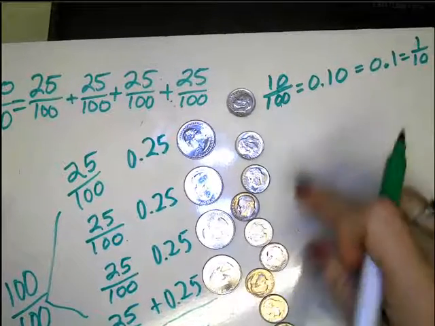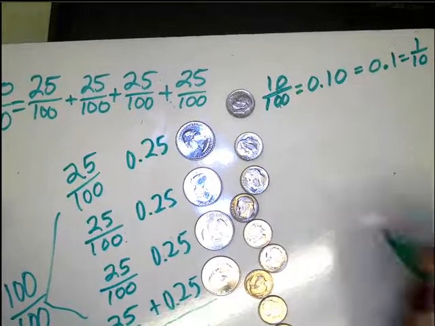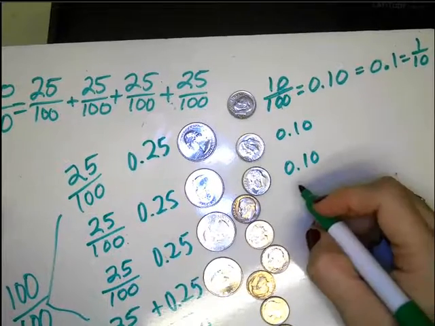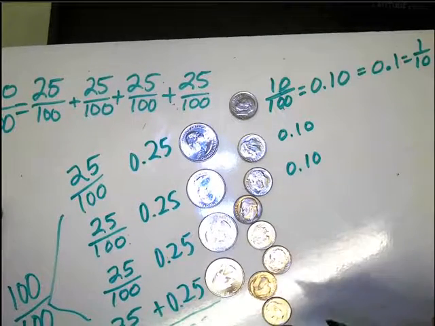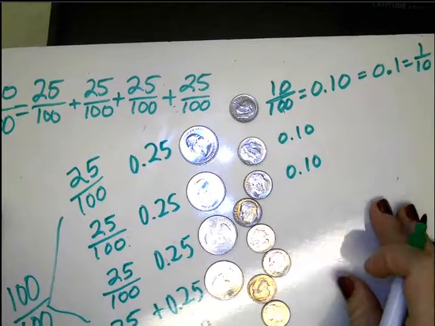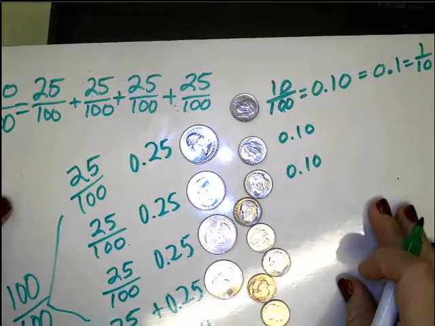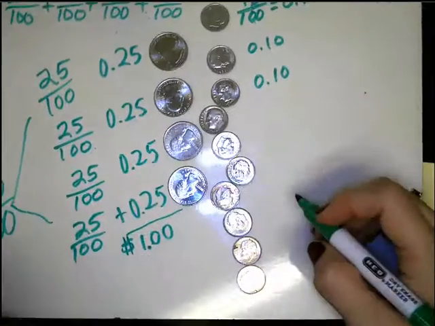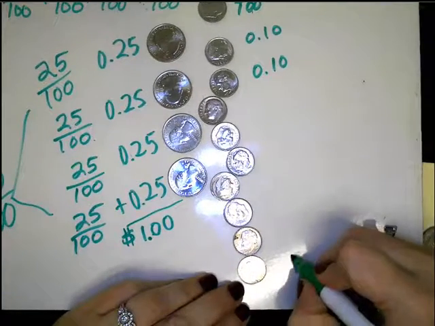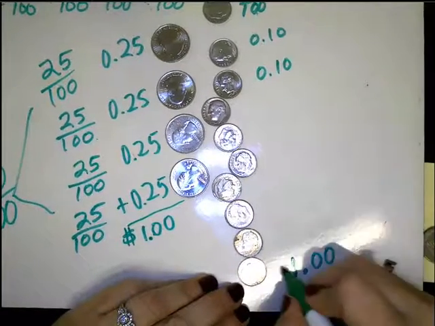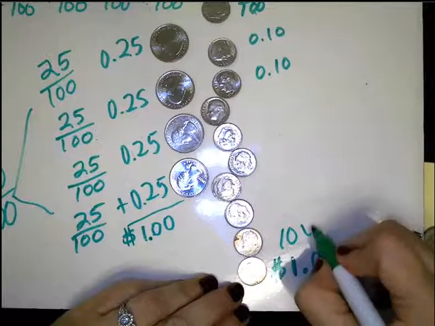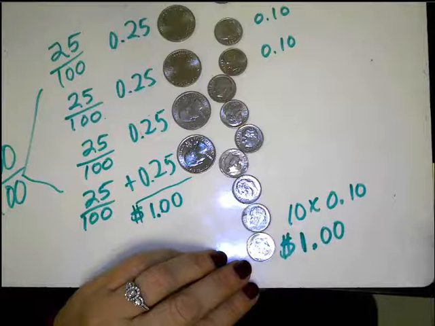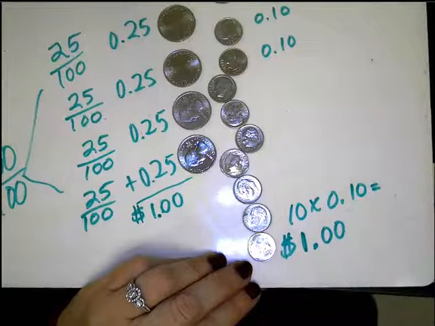So if I have 10 dimes, I have one whole dollar, right? If I added up 10 dimes or 10 hundredths, it's going to come out to the same amount, one whole dollar, right? 10 times 10 hundredths is going to equal $1.